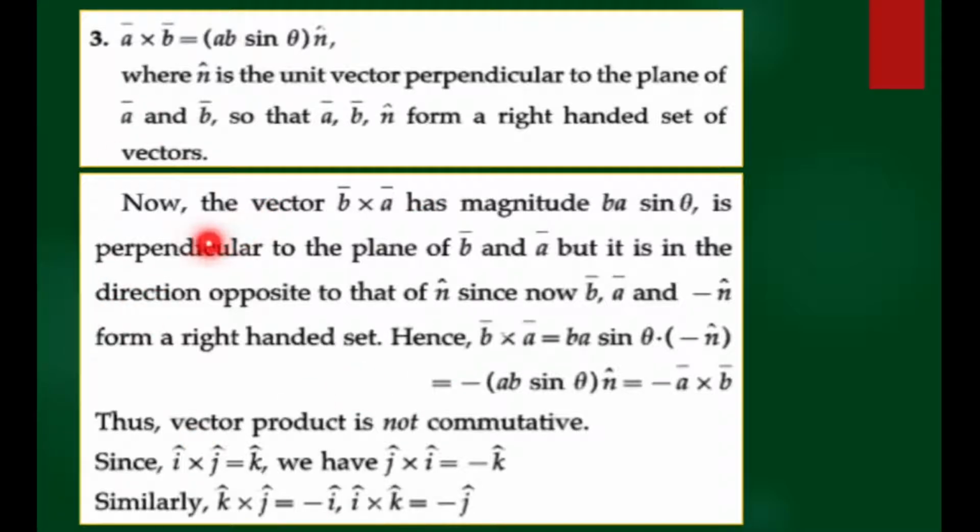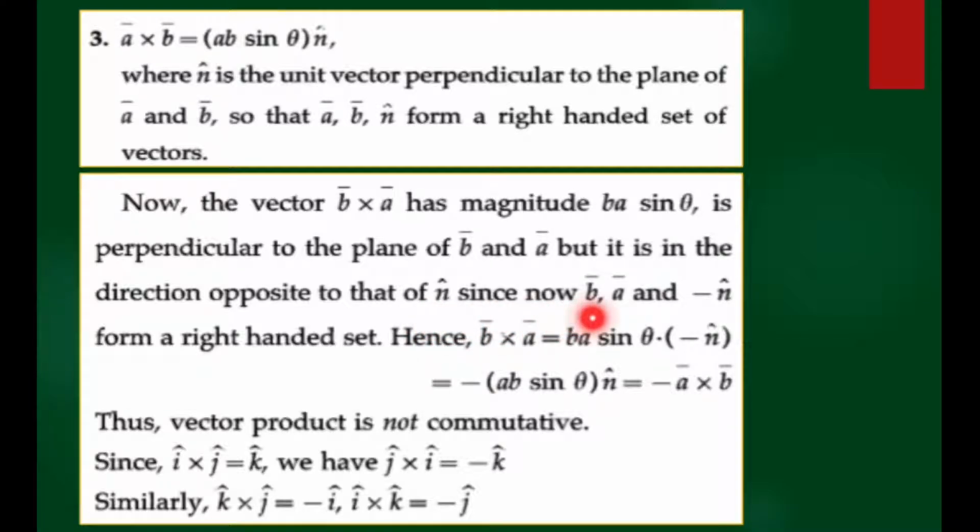Now see here. The vector b bar cross a bar has magnitude b into a into sin theta, is perpendicular to the plane of b bar and a bar, but it is in the direction opposite to that of n cap.